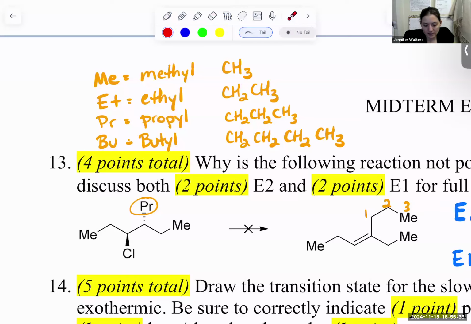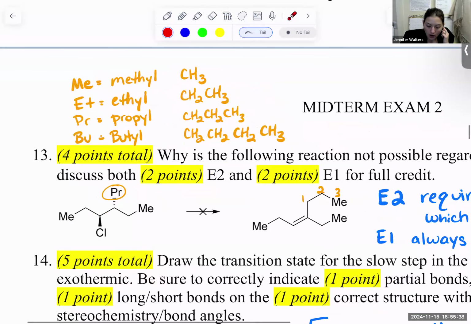Especially since I didn't have a lot of space to draw this out on the predict the products. I was hoping that was going to help you out as a reminder.